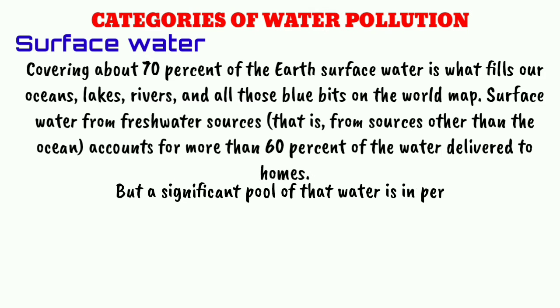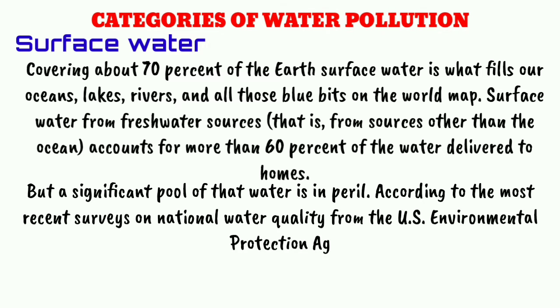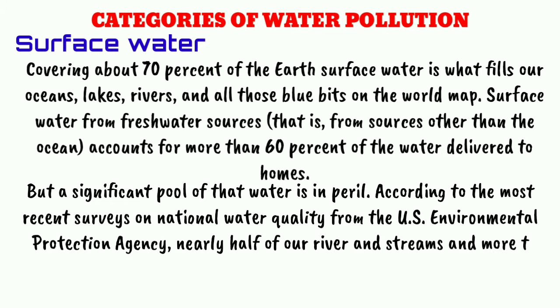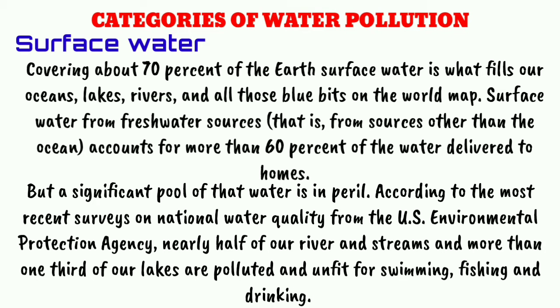But a significant pool of that water is in peril. According to the most recent surveys on national water quality from the U.S. Environmental Protection Agency, nearly half of our rivers and streams and more than one-third of our lakes are polluted and unfit for swimming, fishing, and drinking.